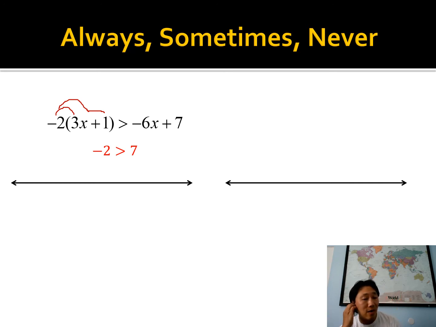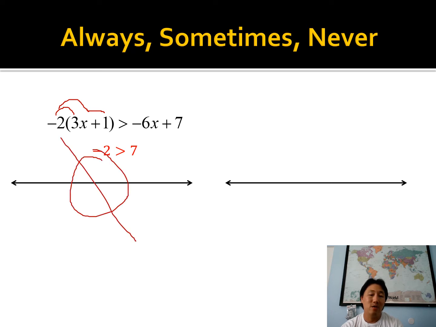They just go away. And you're left with negative 2 is greater than 7. All right, now we have to look at that answer. Is negative 2 greater than 7? That is never true. So this is a never. And then you cannot graph it, so you're just going to put no solution.